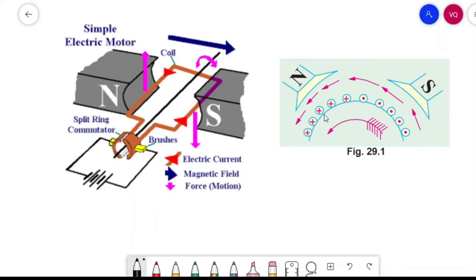By applying Fleming's left-hand rule, the direction of the force on each conductor can be found. It is shown by small arrows placed above each conductor. It will be seen that each conductor experiences a force F, which tends to rotate the armature in the anti-clockwise direction.